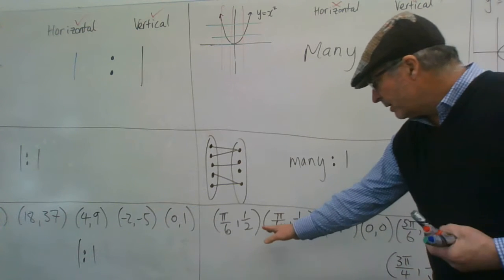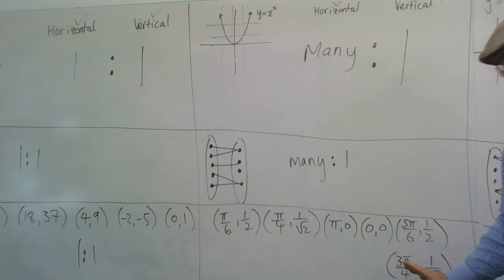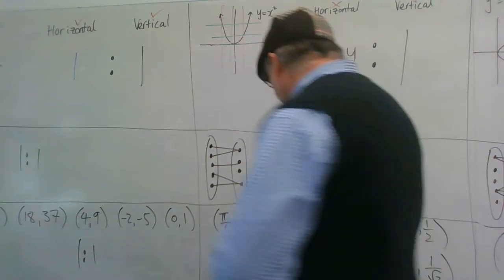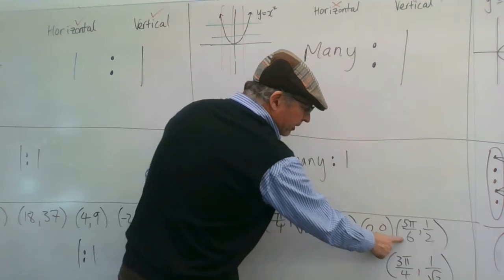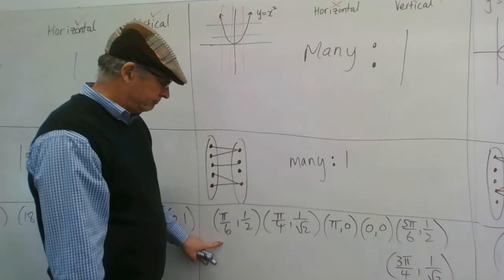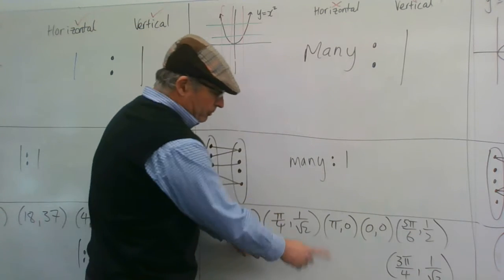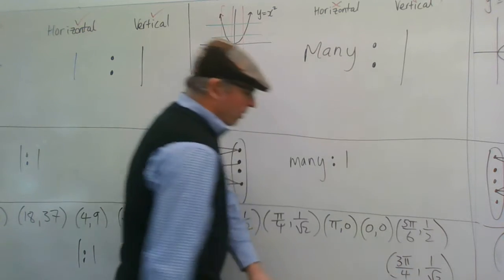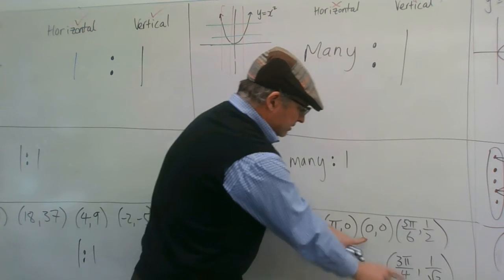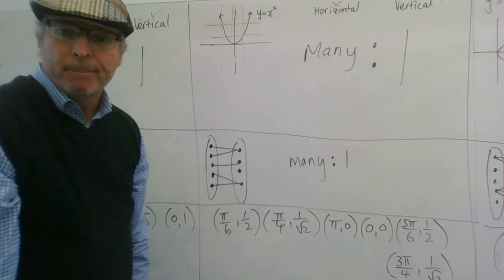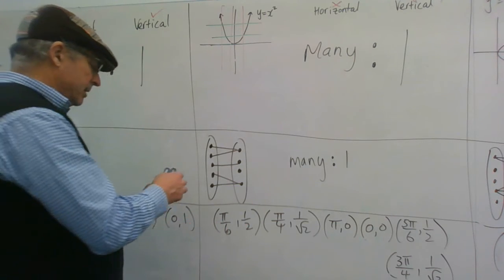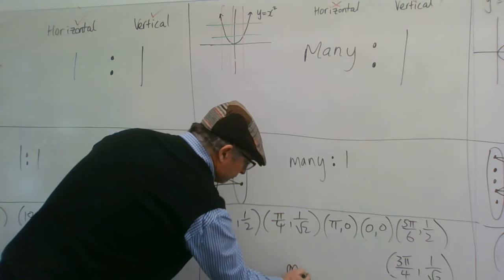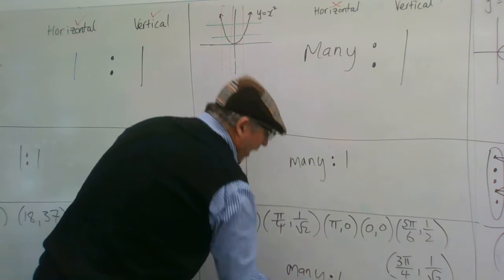And here, when we look at this collection of points, pi on 6 goes to a half, but also 5 pi on 6 goes to a half. Pi on 4 goes to 1 on root 2, but so does 3 pi on 4. And pi goes to 0, and so does 0 go to 0. So many are going to 1. So it's a many to 1.